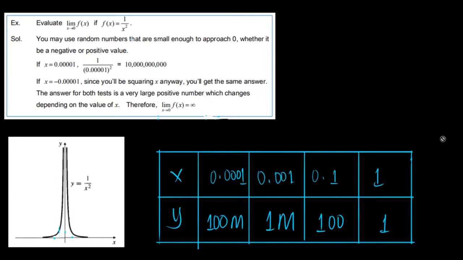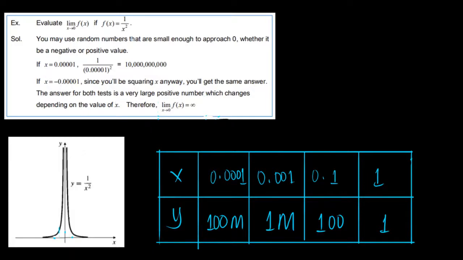What we have here is that the module uses numbers that are close to 0. The example here is 0.00001, and squared, 1 over that value squared is equal to around 10 billion.